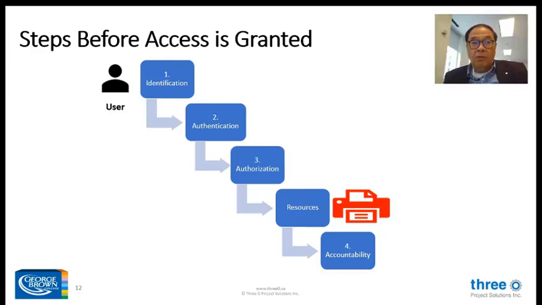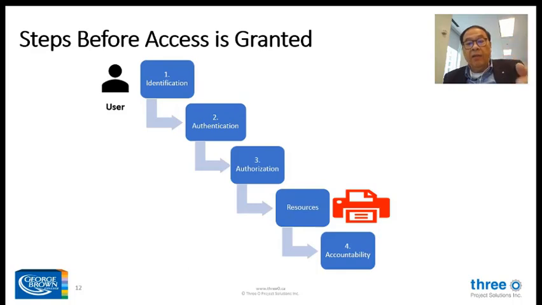So you say you're a user, Quan M123, then you need to be authenticated, usually by providing a password, passcode, or your biometric, and so on. So there's a step called authentication to authenticate your identification: you are who you say you are.